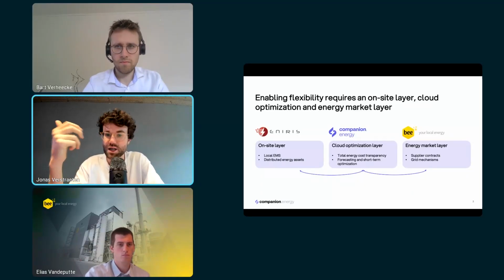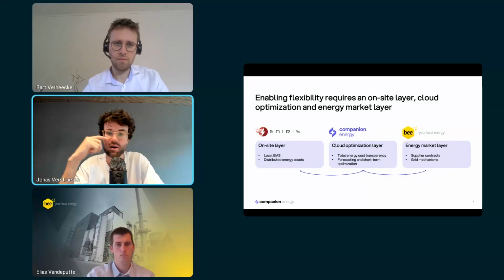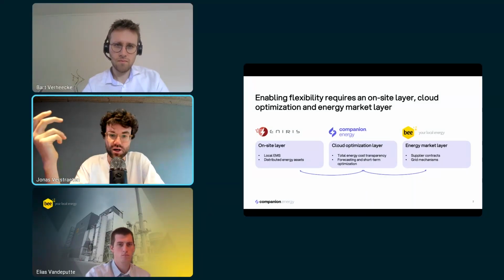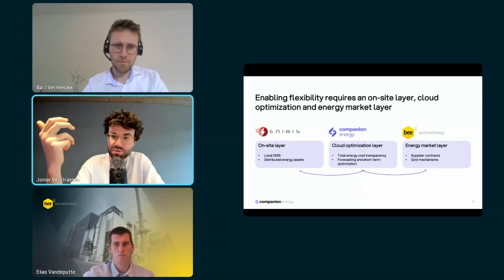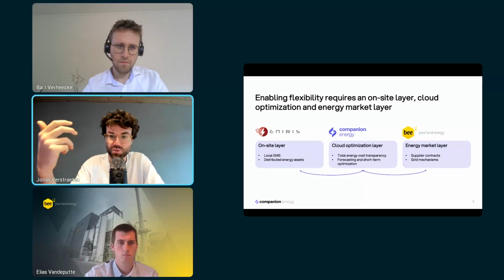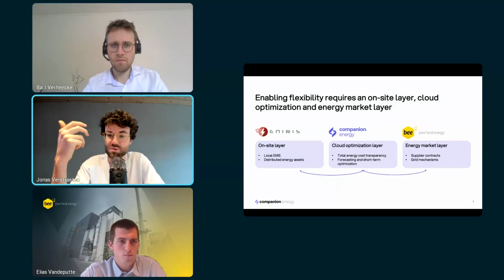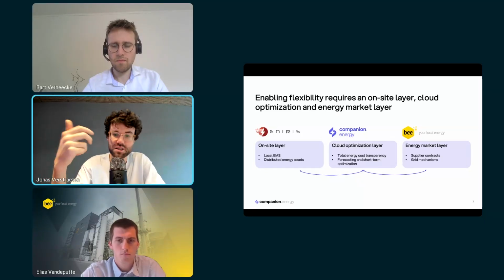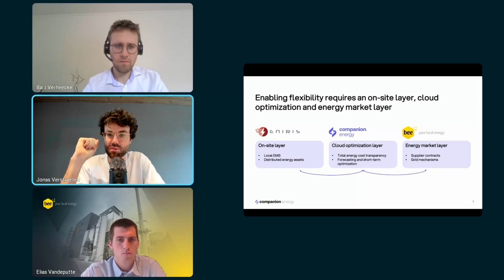We work as a cloud optimization layer that makes the connection between the energy market and the on-site, where we also do forecasting and short-term optimization, for example, on the imbalance market. And then we have Elias from B, who provides these customers with the supplier contracts, the grid mechanisms, but also the energy market access.